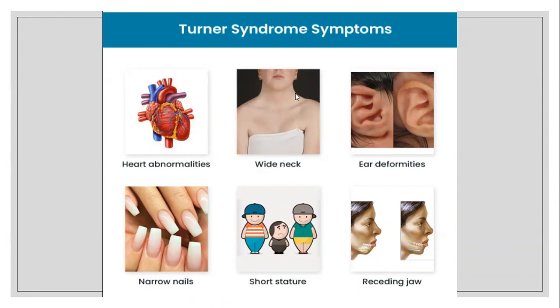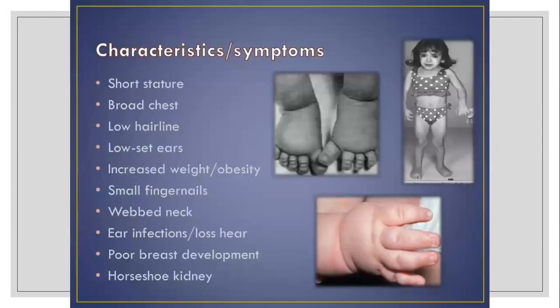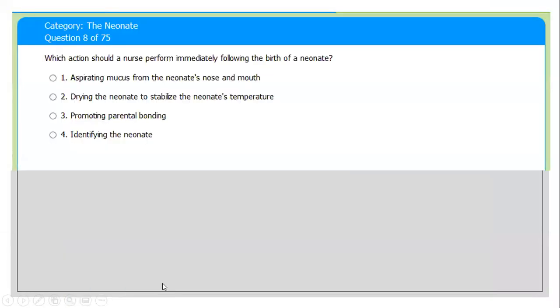They have a wide neck, ear anomalies, short stature, and also narrow nails or a small lower jaw, sometimes a high, narrow roof of the mouth, low hairline. Next, also short stature, broad chest, low hairline, low-set hair, increased obesity, small fingernails, webbed neck, ear infection is common, poor breast development, and also kidney problems.